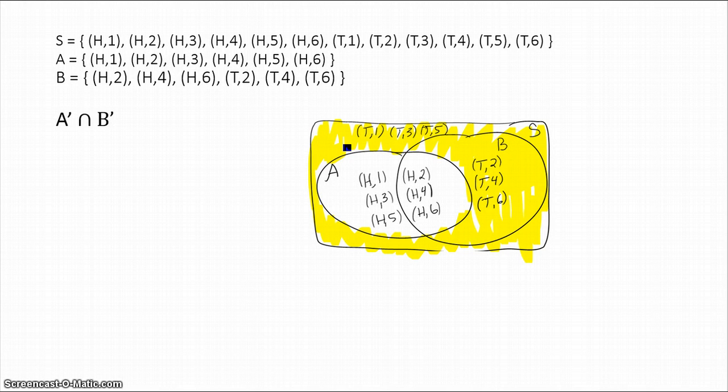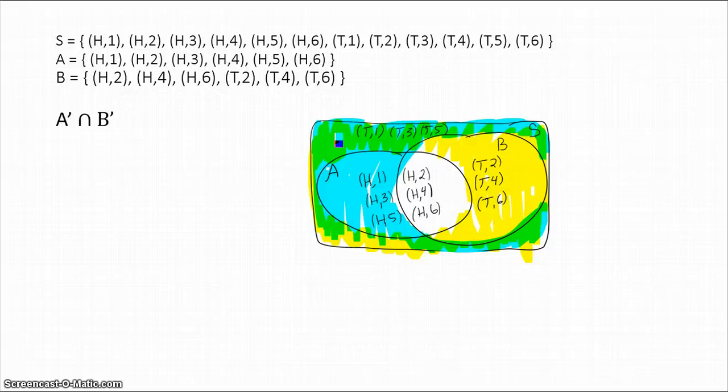There's A complement, everything not in A. Now I'm going to shade B complement, which is everything not in B. Now A complement intersect B complement are the things that are in the complement of both. So these are places where those two complements overlapped, which means that again we're looking at these outcomes here.